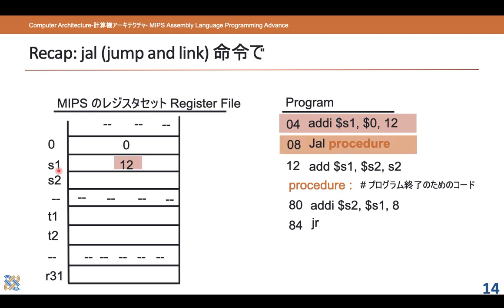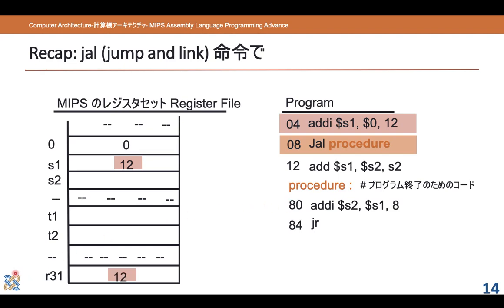Well, the next line calls the jump and link to the procedure. So what is happening usually? Once you call the jump and link, it stores the current program counter, which is now 8, plus 4, which is 12, to the return address, and goes to the procedure address line.